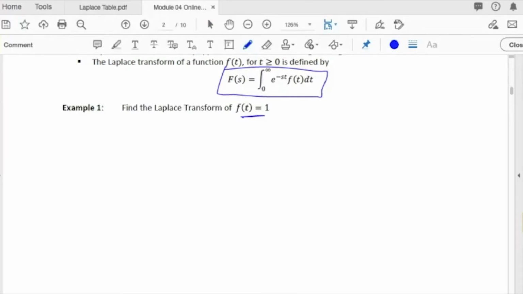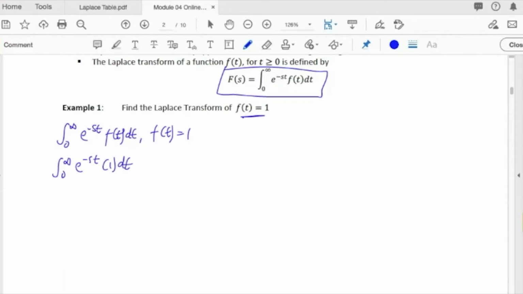So we look at example 1. Based on the definition, we have the integration from 0 to infinity of e to the power of negative st times f(t) dt. With our f(t) equal to 1, we can write this as e to the negative st times 1 dt.